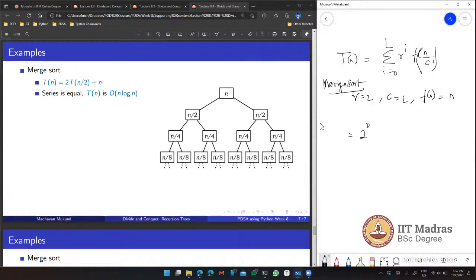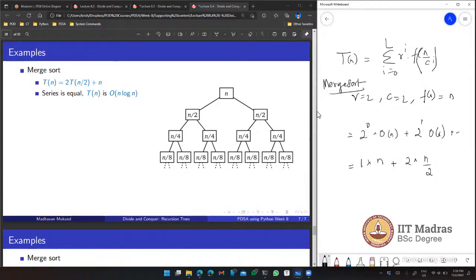it will be order of some n. The order of n cost: in the first one it will be n, then n by 2 for each.